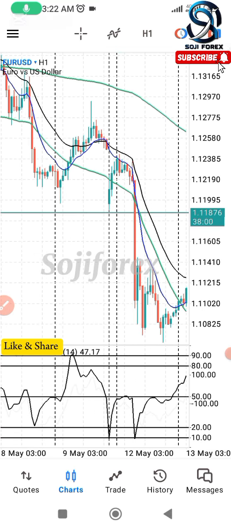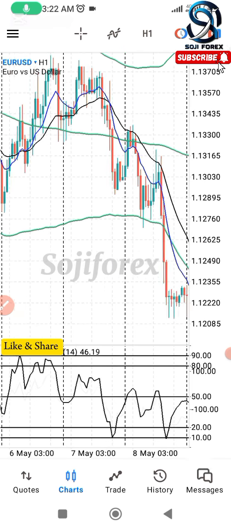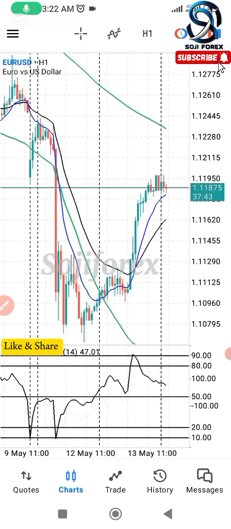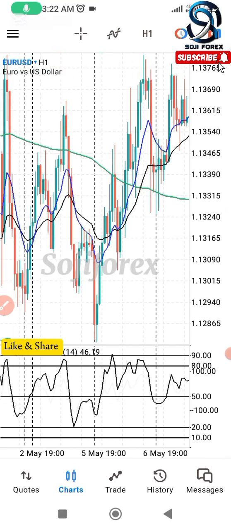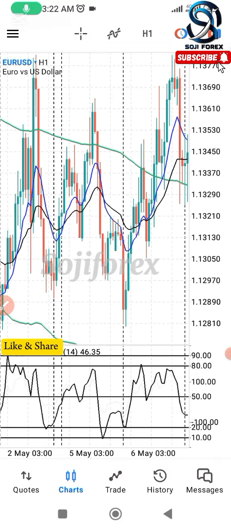First, let me begin by telling you that one of the challenges, or the deficiency, of moving average or indicators is that number one, it is not suitable for a ranging market. So whenever price is ranging, it is not suitable for moving average.